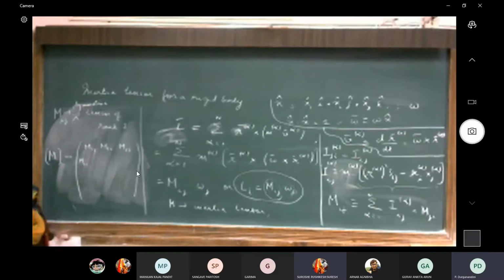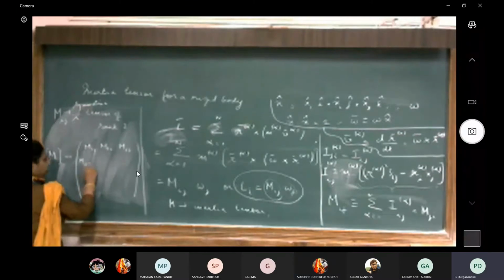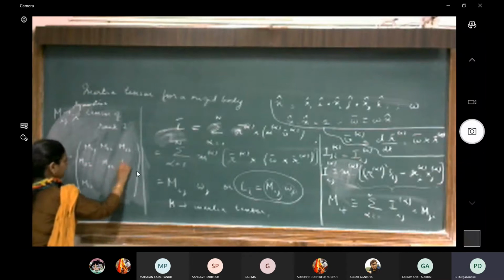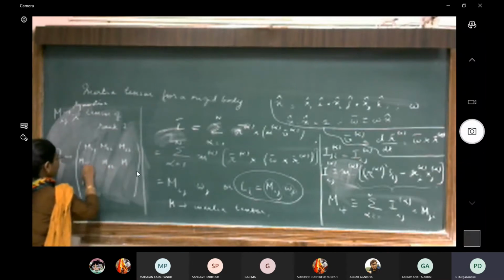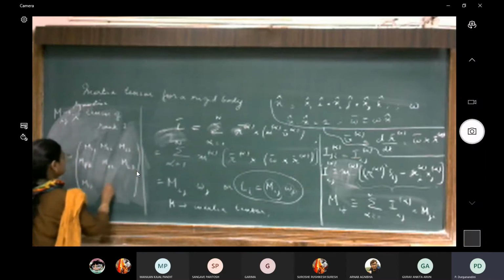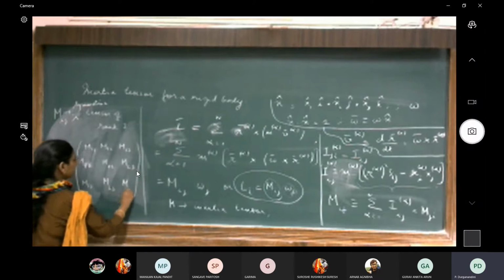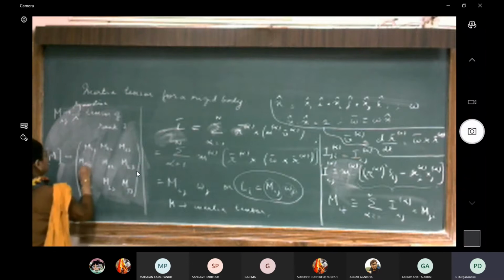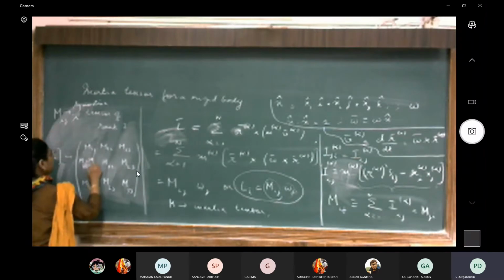It should be the same as M12. Similarly, you can see that this should be the same as M13. For the diagonal, I can't say anything. Then I will get M22, M23 here. But then this should be the same as this and this. So how many independent components does this have? This is equal to M12, so that there's no confusion.